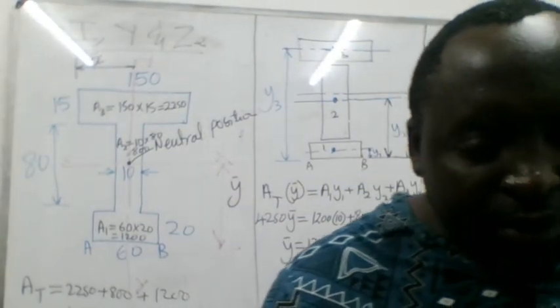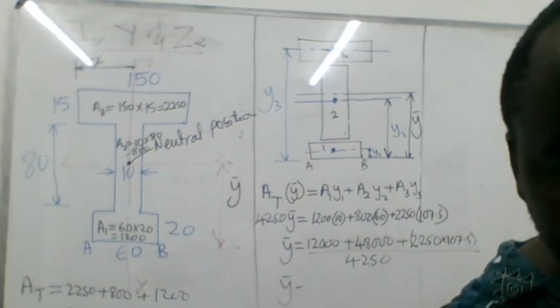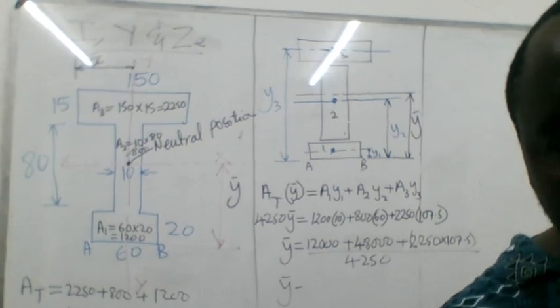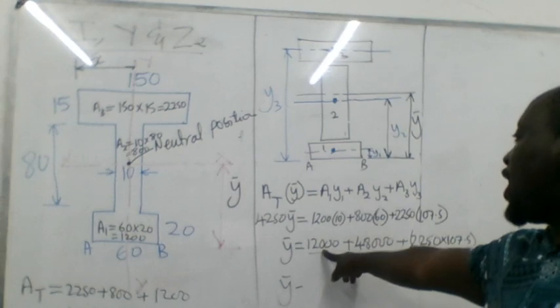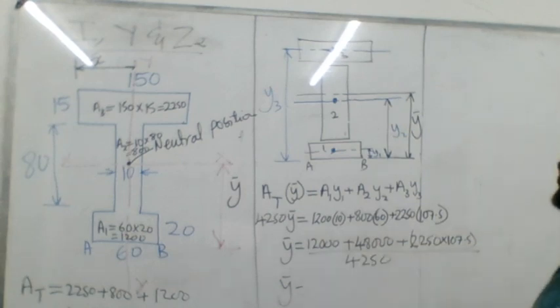So we say, I'm just looking for a calculator, you know. I also used calculator. So we say this one plus that one is giving us 6,000.